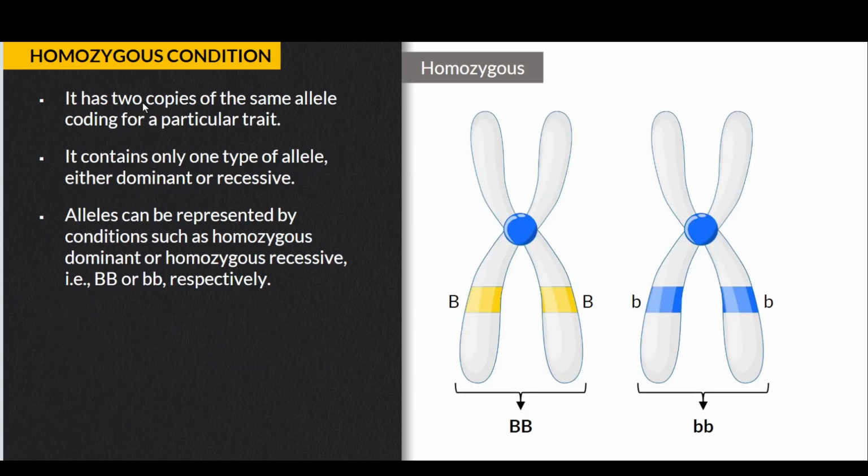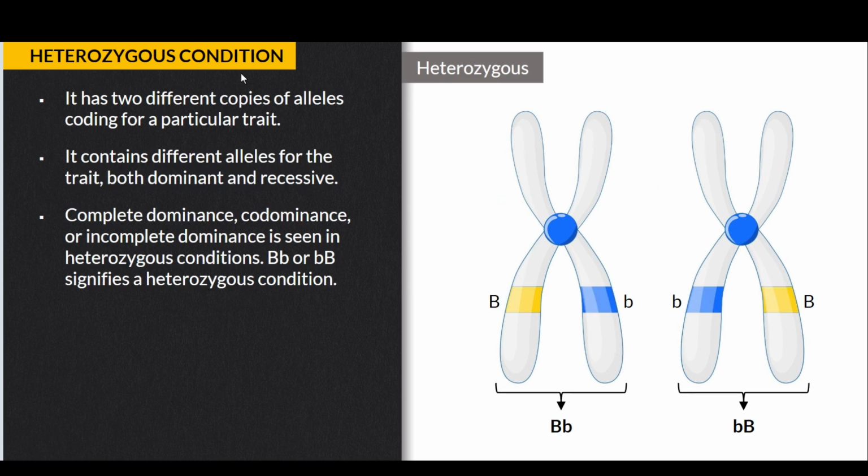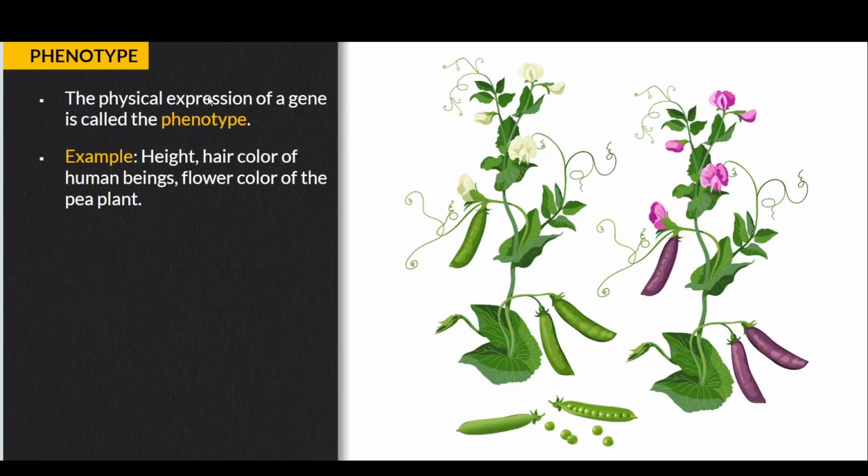Homozygous condition means two copies of the same allele coding for a particular trait. Heterozygous condition means different copies of alleles coding for a particular trait. Phenotype means the physical appearance of a gene, like height, hair color of human beings, flower color.